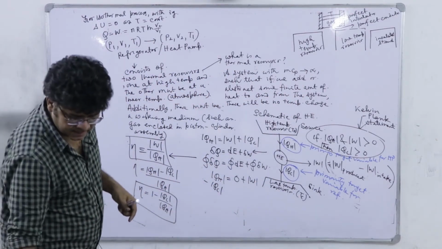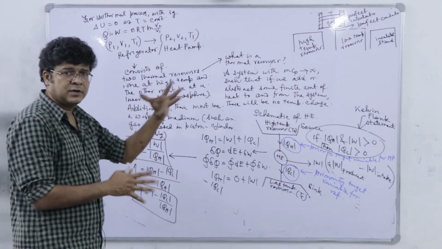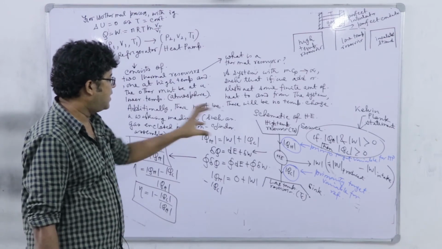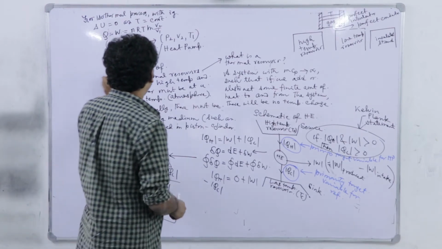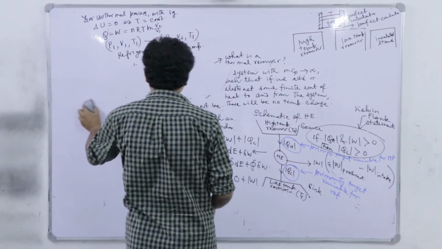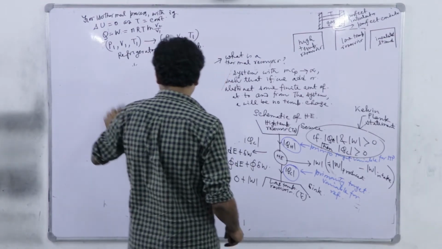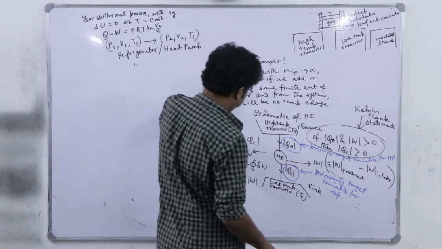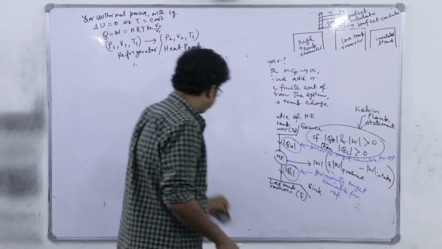So what the refrigerator or heat pump consists of? The same two reservoirs, one is at high temperature, another is at low temperature, and intermediately we will have the working medium, right. So what is the schematic? Schematic remains the same, right. However, the direction of the arrows will change.